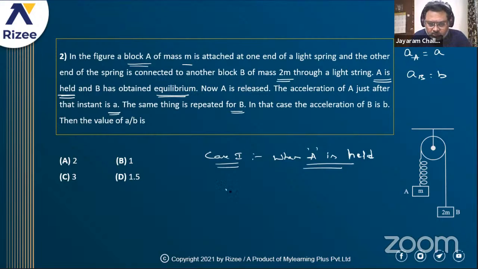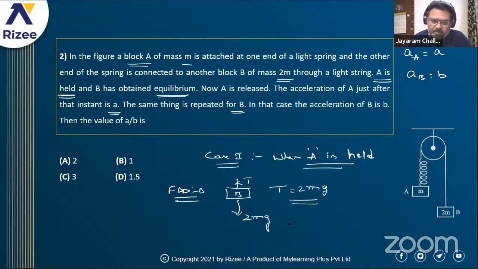Now in that situation, when we write the free body diagram for B, what are the forces that will be acting? Upward force is going to be T, and downward force is going to be 2mg. Since it is attaining equilibrium, you can write T is equal to 2mg, the value of the tension. Okay, this is the first part; we have got the tension as 2mg.